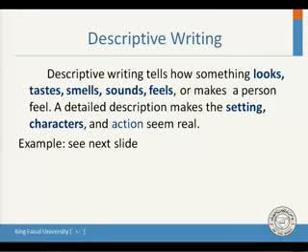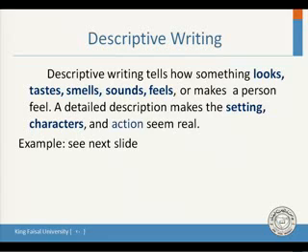So this is called descriptive writing. What we discussed in the previous slides is called descriptive writing, because you describe a place and you describe what is happening around you, what you are doing. So when you describe something or somebody or a certain place, you describe how it looks or tastes or smells or sounds or feels.